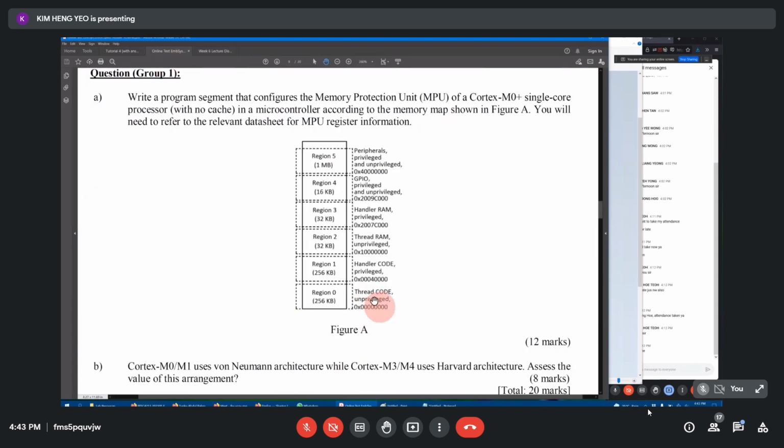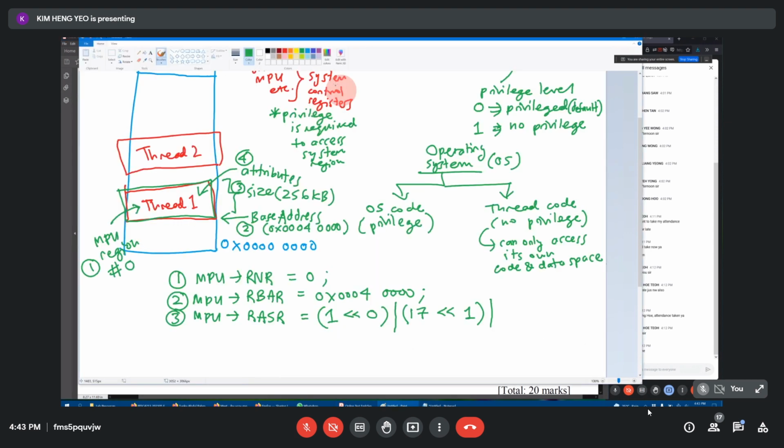Okay, so thread code, unprivileged. Let me write here, my attributes are thread code, unprivileged. Now, what can you guess from this?